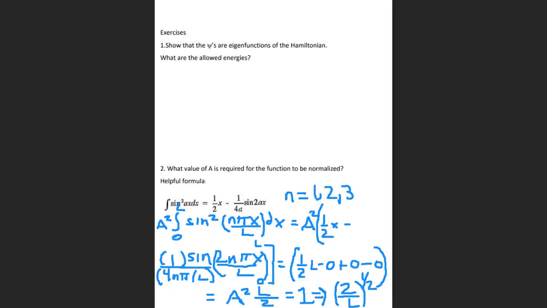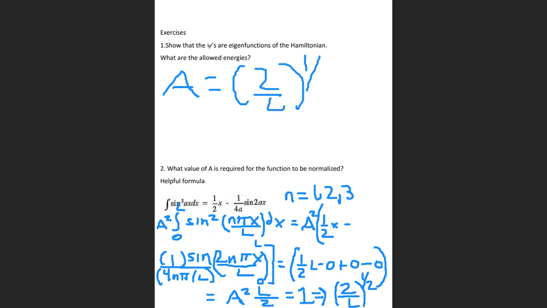Oh, are other people having trouble seeing that? It says 2 over L to the 1/2 is the normalization constant. Okay, thank you. The answer that came out is A, for any value of n, is 2 over L to the 1/2.